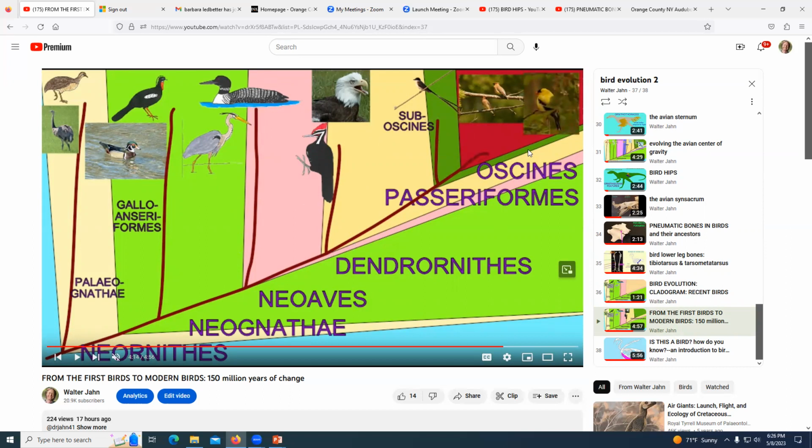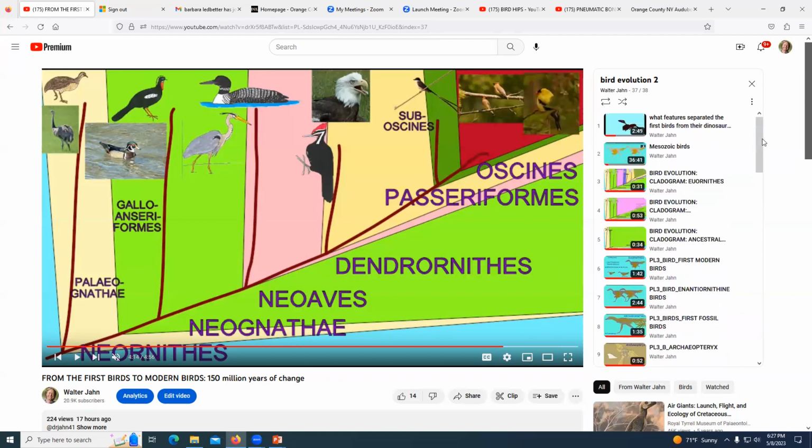They get much smaller, and they get a modification of the base of their trachea, which lets them produce song. It's called the syrinx. But this wasn't present throughout bird history, only at the very end. This is like the last big branch, but a very successful branch. All right, more than half of all birds alive today are in this group.